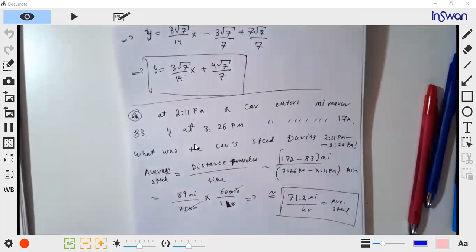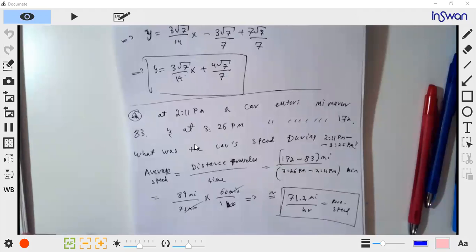Notice that that's the only thing we can claim. We can't say that, oh, at 3:05 p.m., it was going 20 miles per hour, but at 2:36 p.m., it was going 120 miles per hour. You can't say that.